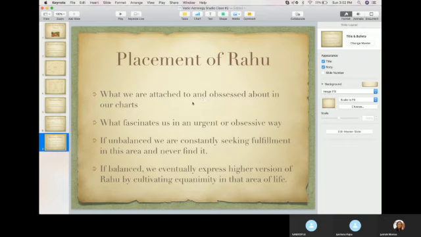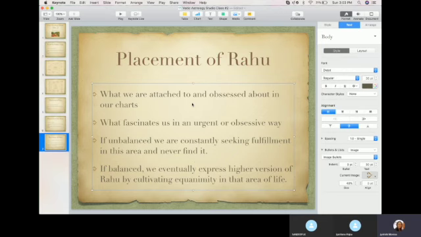So in Western, Rahu is seen as our present karma, and Ketu is seen as our past life karma. Actually, they're both seen as past life karma, but they don't really have a lot of information. But in Vedic astrology, Rahu is a very, very important graha in the chart.